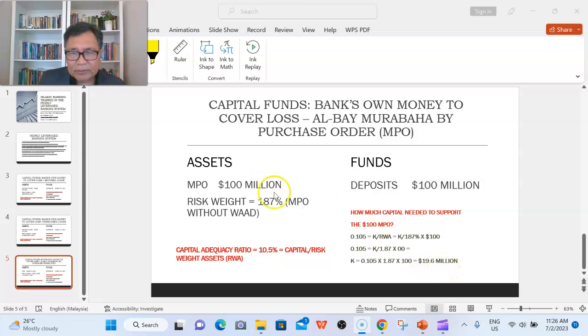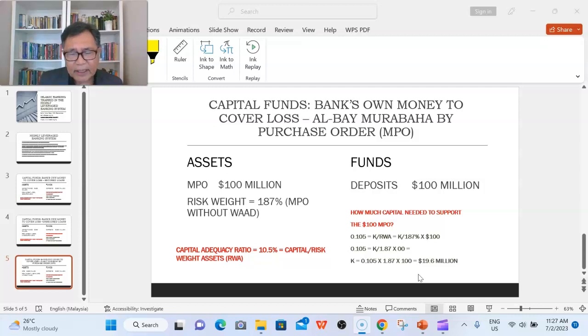So for the same amount of exposure, now the bank, if they wish to do MPO, which is a real sale, meaning that the bank will actually purchase the machinery from the supplier and hold it on their banking book, and then they will sell it to the prospective customer.